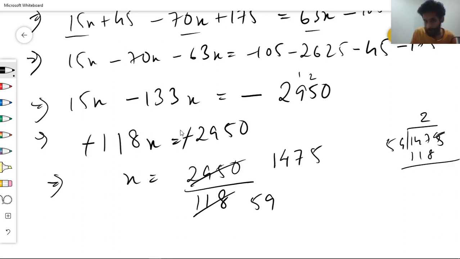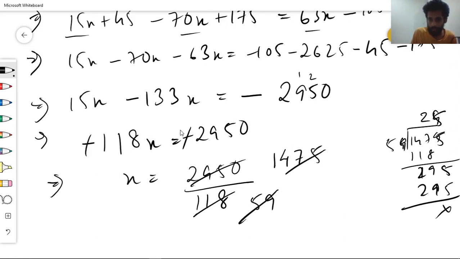Then 59 5s are 295, so this will be 25 times, so the result will be 25.